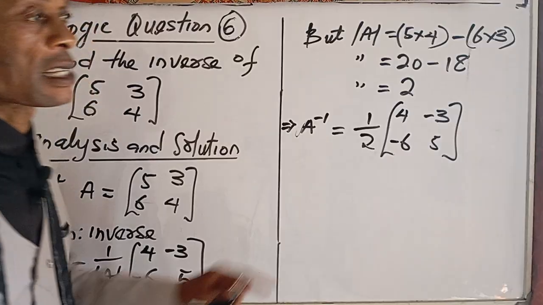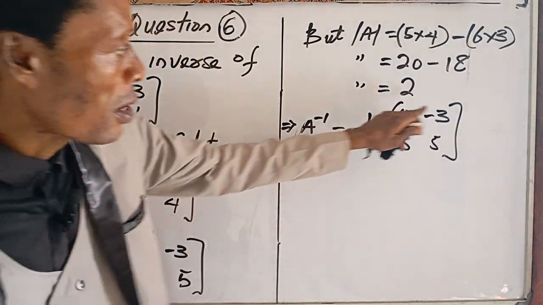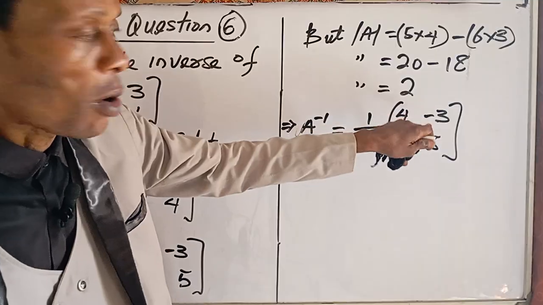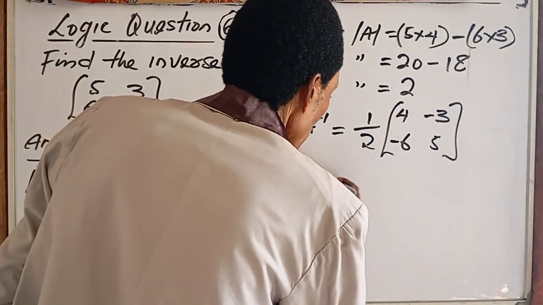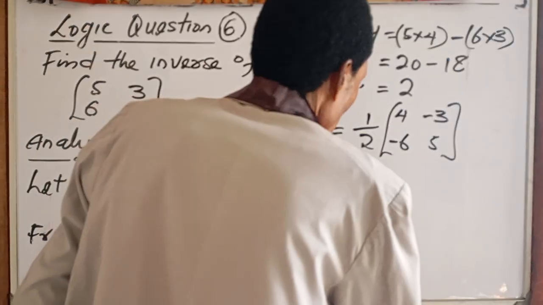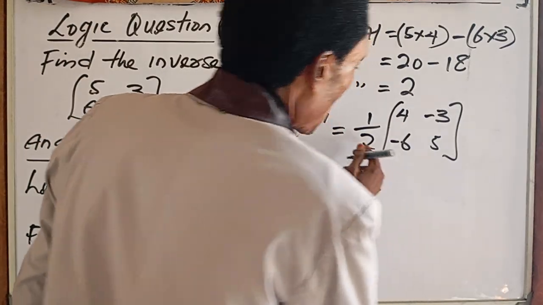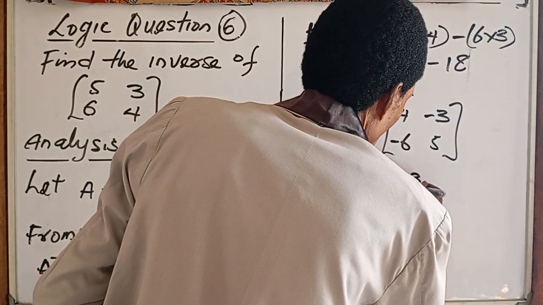You can either leave the answer in this form or go further, dividing each of these elements by 2. So 4 divided by 2 gives us 2. Then this one gives us minus 3 over 2.